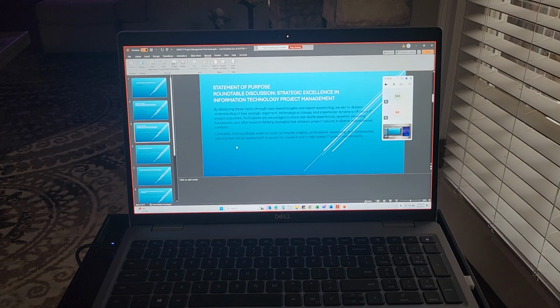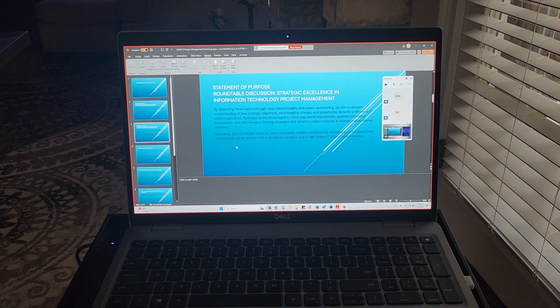Now, by dissecting these topics through case by case insights and expert questioning, we aim to deepen the understanding of how strategic alignment, technological change, and stakeholder dynamics influence IT project outcomes.